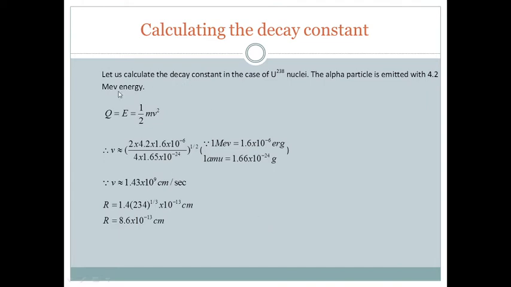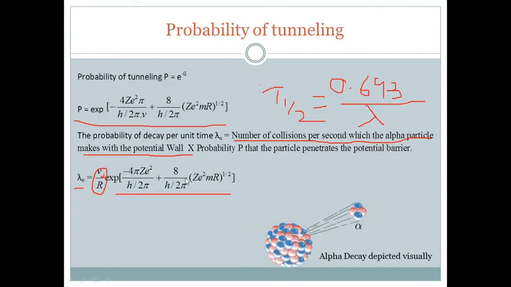So now let us calculate the decay constant for uranium-238. By the way, this also answers the question of the alpha paradox. Remember the alpha paradox, when we had mentioned why it is that the alpha particle is able to tunnel through, but the same thing does not happen.